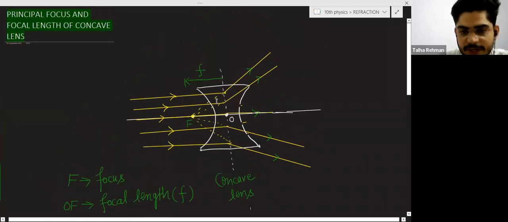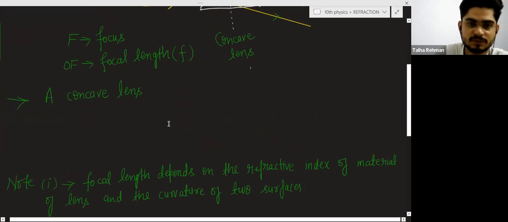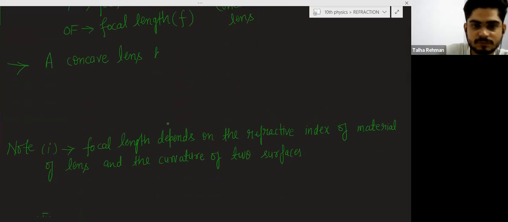This concave lens has virtual focus. See here, because here the light rays are diverging. Light rays are not actually meeting at this point. These light rays are just appearing to meet. So this has the virtual focus.